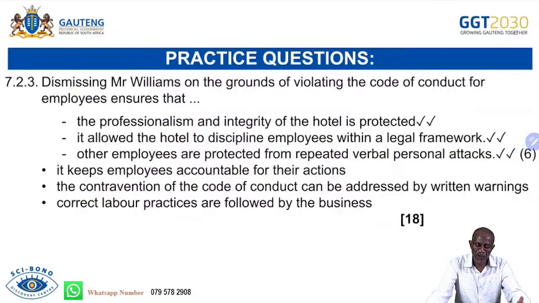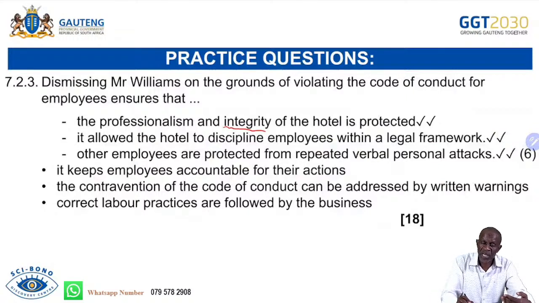Another practice set of questions is the last question on the memorandum. On the questions that we have looked at, 7.3.2, dismissing Mr. William on the grounds of violating the Code of Conduct for Employees ensures that, number one, the professionalism and integrity of the hotel is protected. So the hotel or the management arrived at a decision to dismiss Mr. Williams because they wanted to protect their integrity.